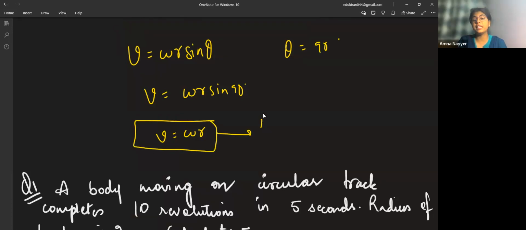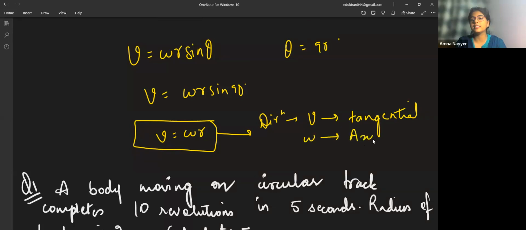Always remember, please, the direction I am again specifying. The direction of this linear velocity is tangential, and angular velocity is axial, that is, along the axis.